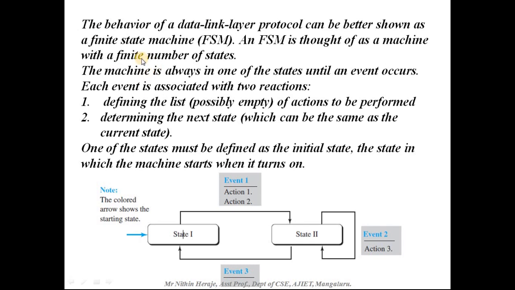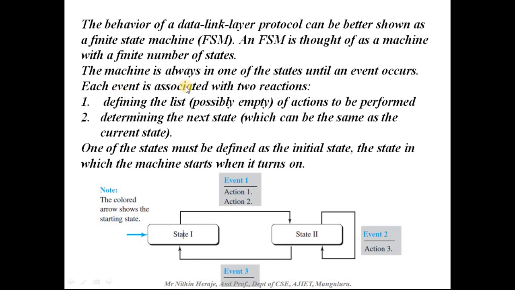The behavior of the data link layer protocol can be better shown as a finite state machine, which we just term as FSM. An FSM is thought of as a machine with a finite number of states. The machine is always in one of the states until an event occurs.